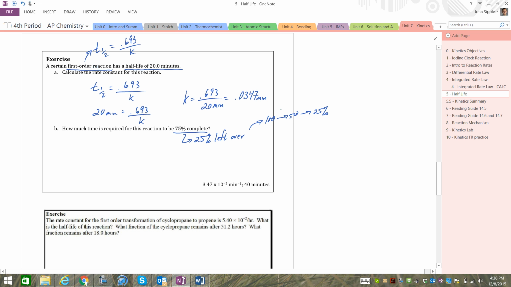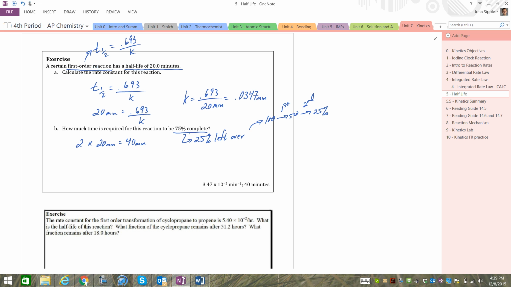So that's the first half-life, second half-life. So there are two half-lives there, 2 times 20 minutes equals 40 minutes. If we know how many half-lives there are and the time for each half-life, we just multiply.